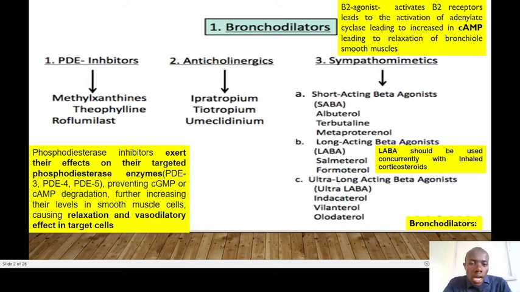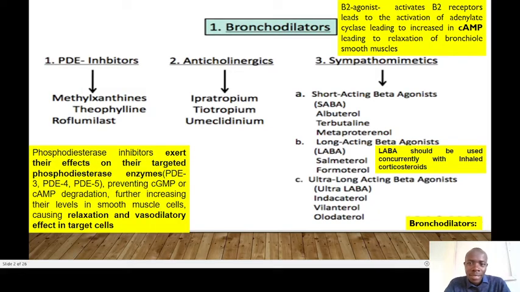So you find that phosphodiesterase enzymes normally degrade the cyclic AMP. So if you want to increase the cyclic AMP equally, you could just work on these enzymes so that they are not available to degrade the cyclic AMP. So that means the cyclic AMP will be more available for this case, all right? So that is what we also need to know, and this is what we are going to get from the PDE inhibitor.